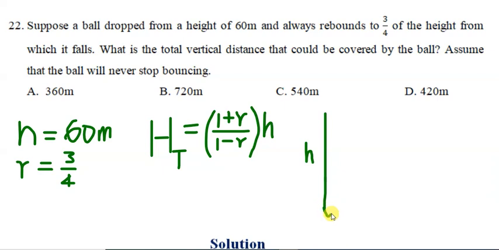It means here r times h, similar to the previous one. r times h. And again, it rebounds from this height to r times this height, r squared times h. And the process will continue like this.